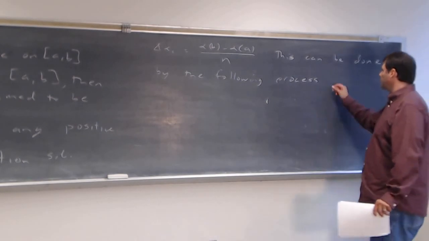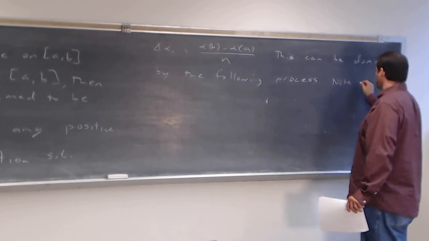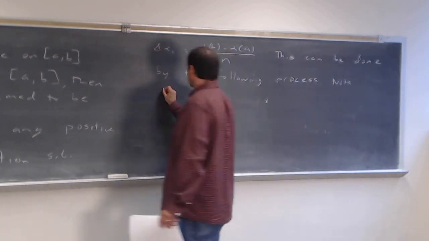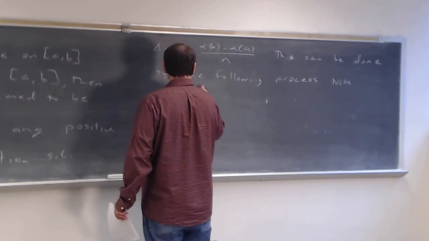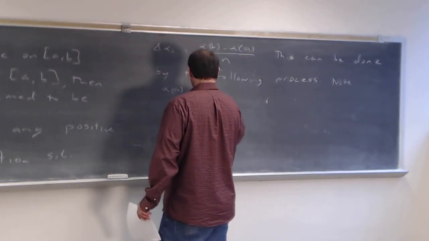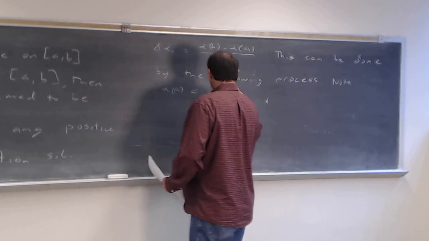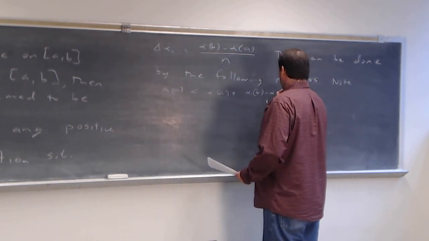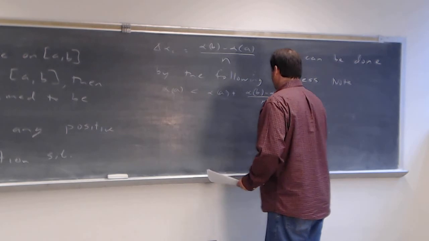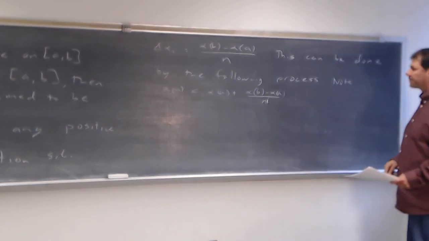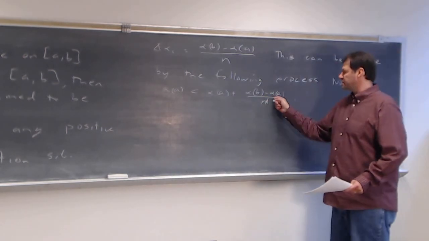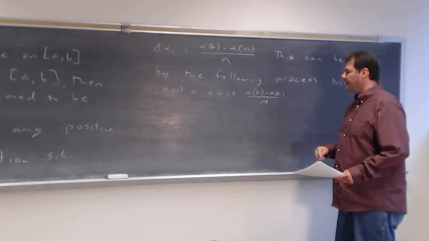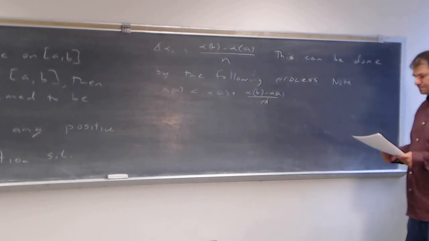So first of all, we note that alpha of a is less than alpha of a plus alpha of b minus alpha of a, all over n. This is because alpha is an increasing function and b is bigger than a, and so we have this inequality.